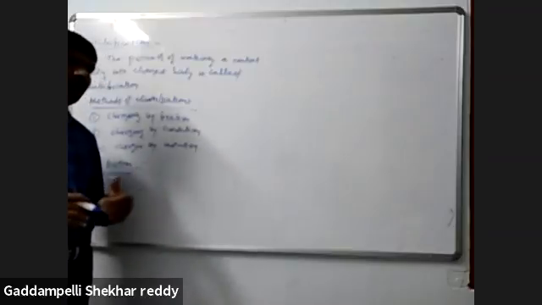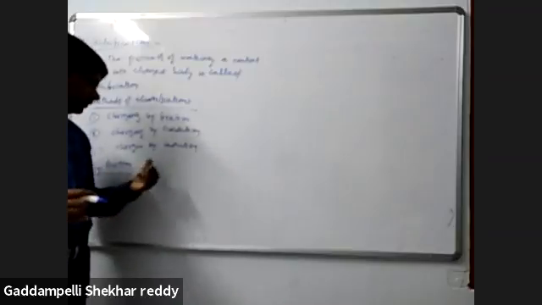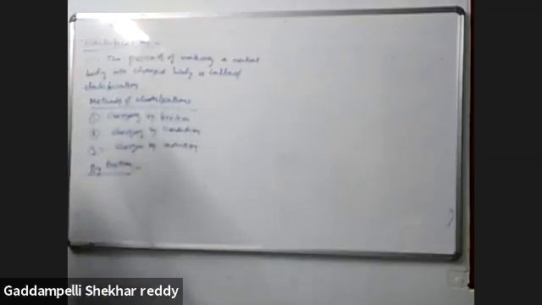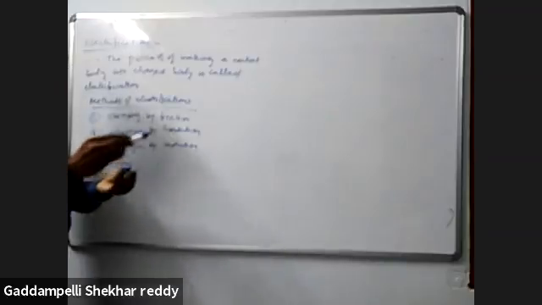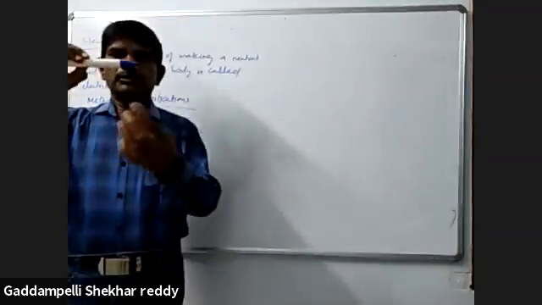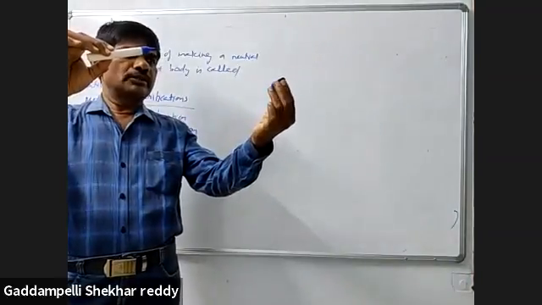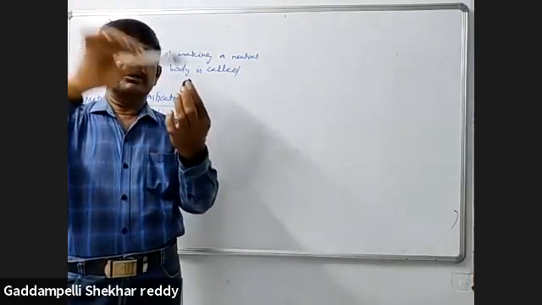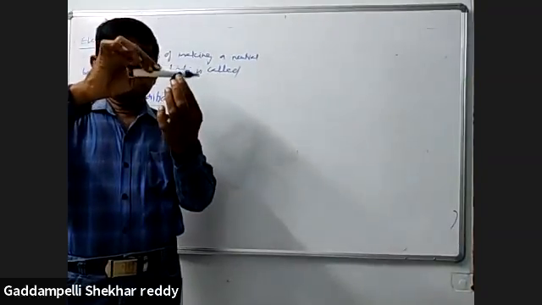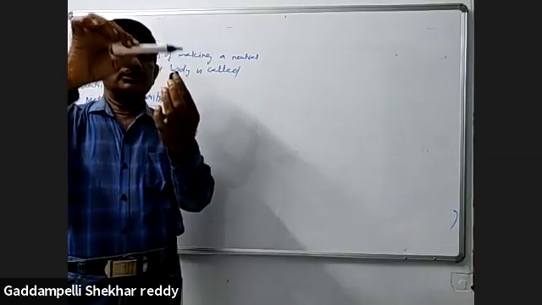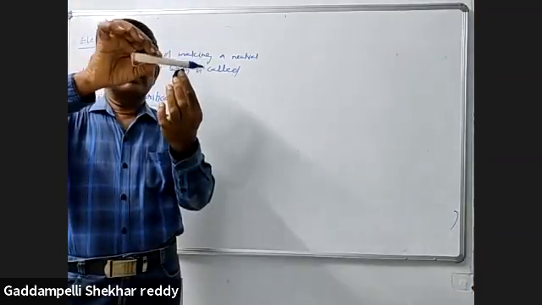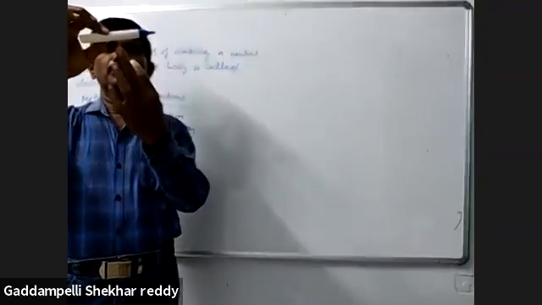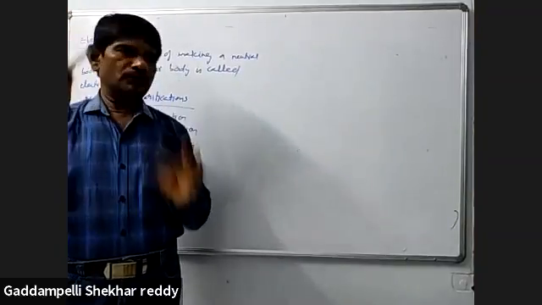So in this method, there is friction. Now consider two bodies, say silk cloth rubbed with a glass rod. The silk cloth gains negative nature, and the glass rod gains positive nature.